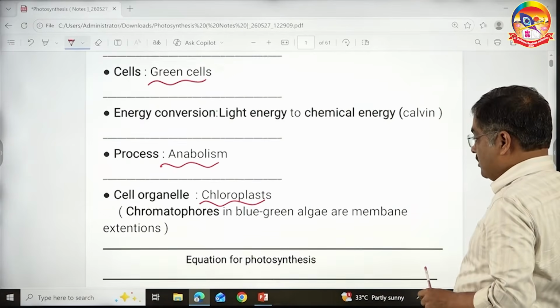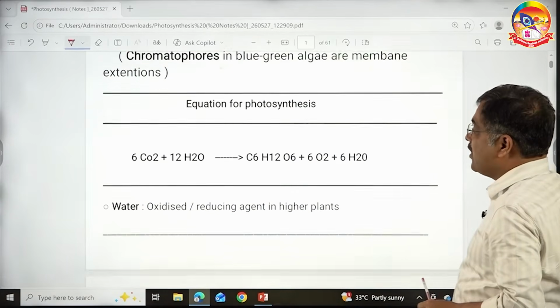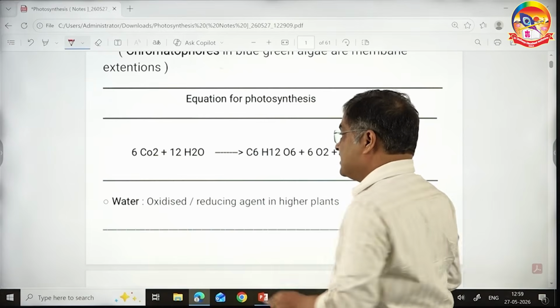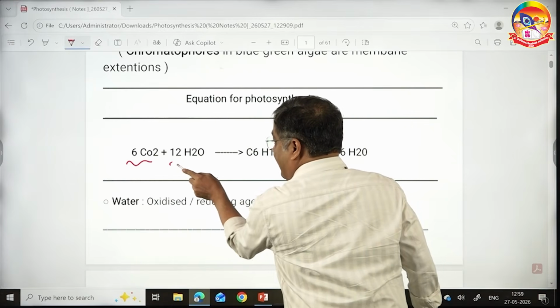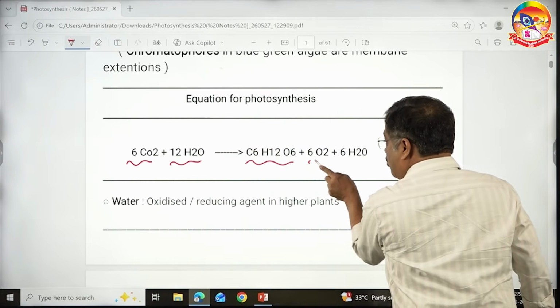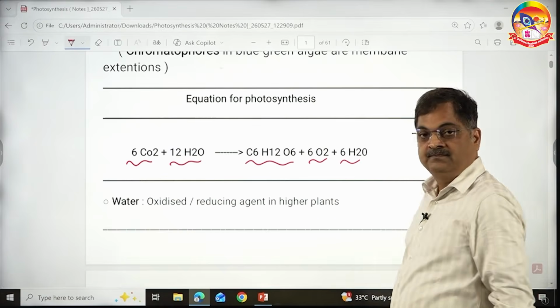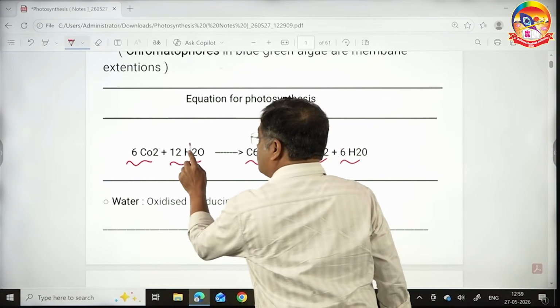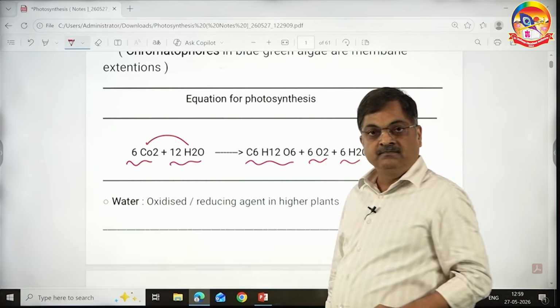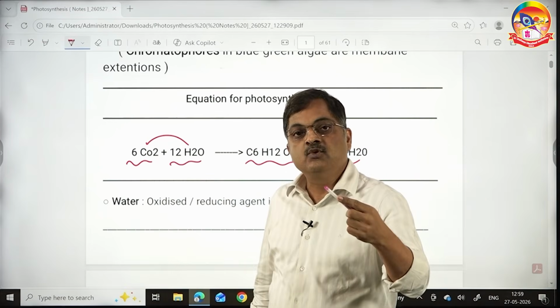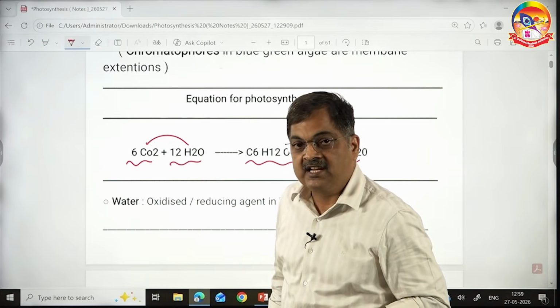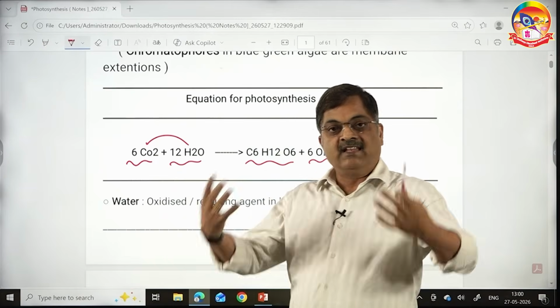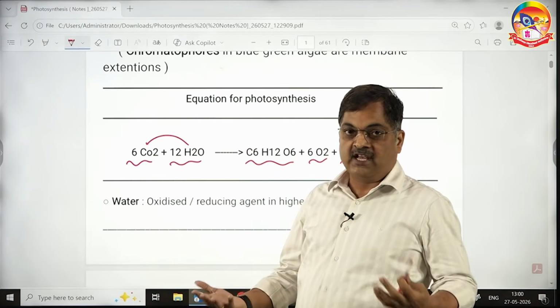Right. Then, next one is the equation for photosynthesis. 6CO2 plus 12H2O give rise to glucose, oxygen, and water. Look here. Water is donating its hydrogens to carbon dioxide. So it means that water is losing hydrogens, therefore it's getting oxidized. Carbon dioxide is gaining hydrogens, therefore it's getting reduced.